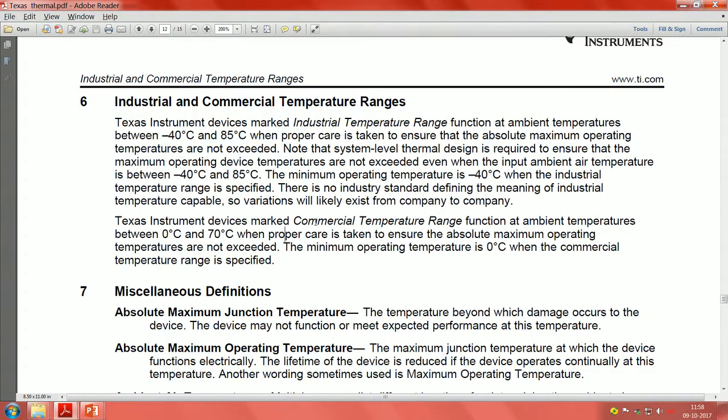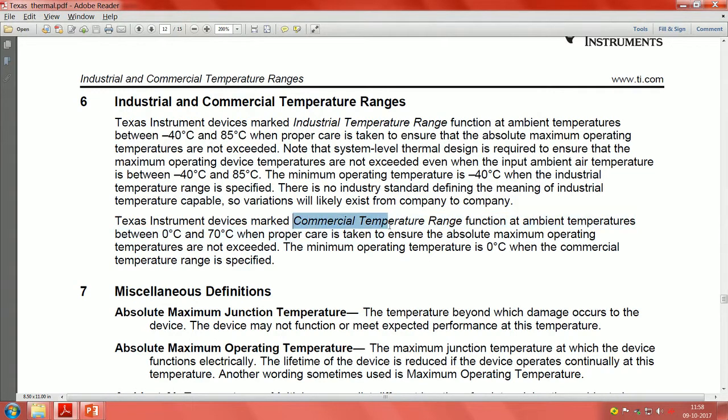So, they have given that system level thermal design is required to ensure that the maximum operating device temperature is not exceeded even when the input ambient air temperature is between minus 40 and 85 degrees centigrade. Now, coming back again to this, they have the other one, commercial temperature ranges.